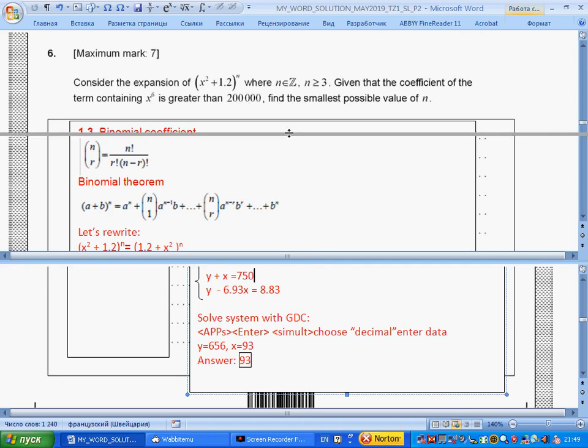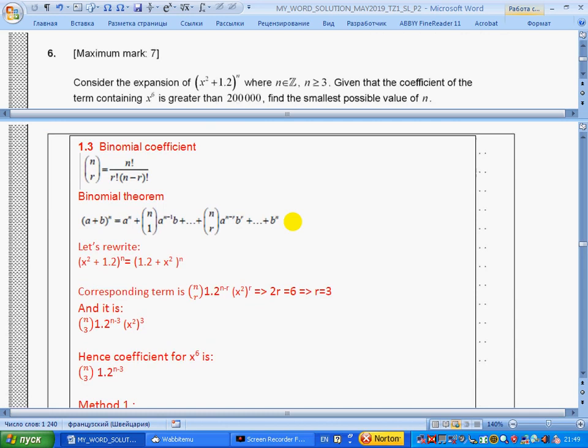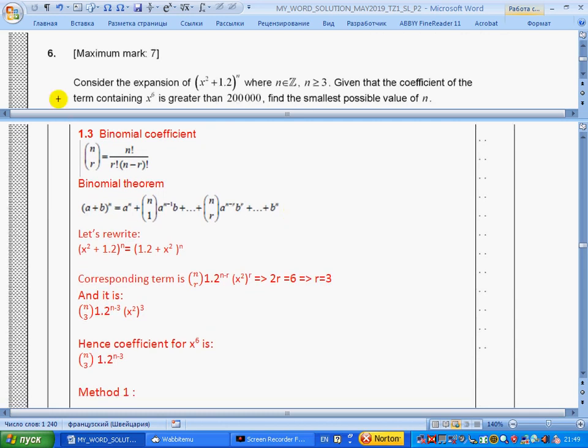Question 7. Consider the expansion of nth power. Given that coefficient of the term x^6 is greater than 200,000, find the smallest possible value of n. So from section 1.3 of booklet, we know that binomial coefficient is given by this formula.